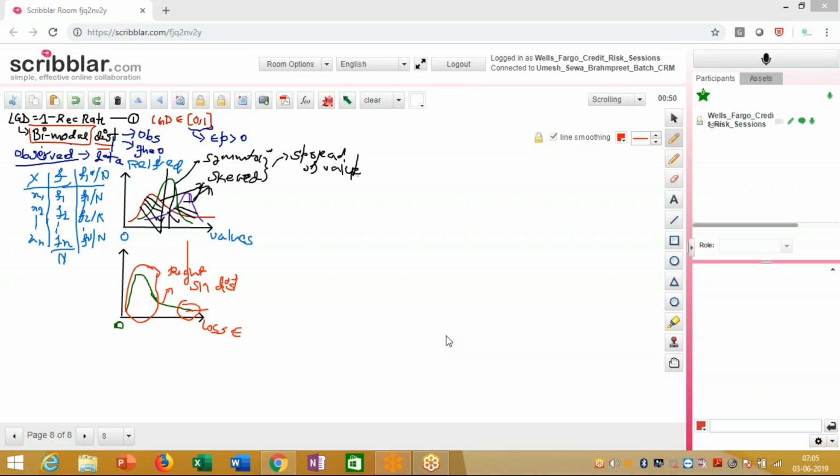But if they do occur, then they can send the entire bank to oblivion. So that's the reason why the right skewed distribution, especially, is very important for risk models.